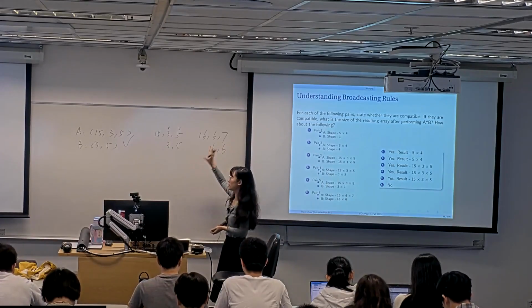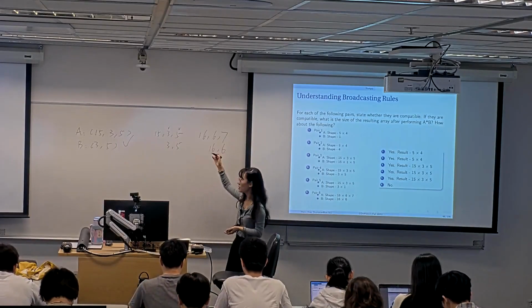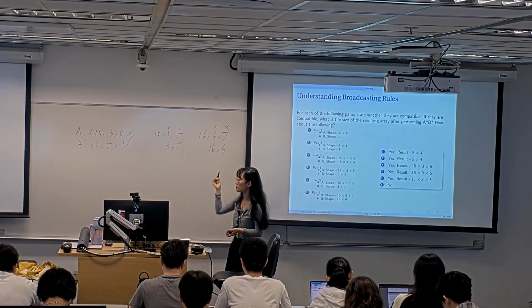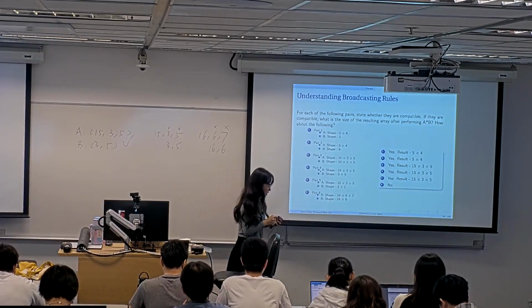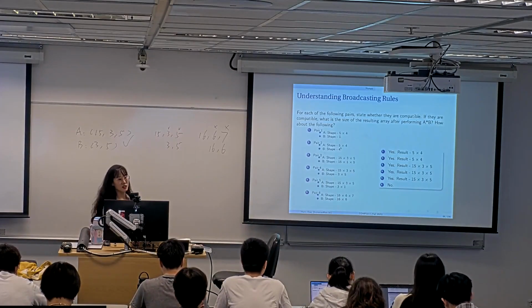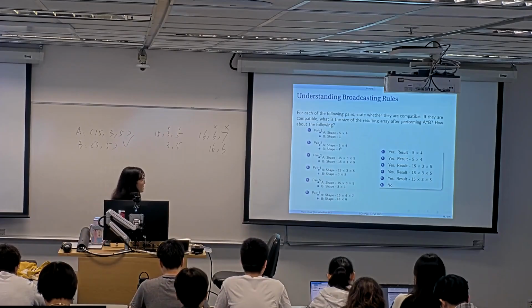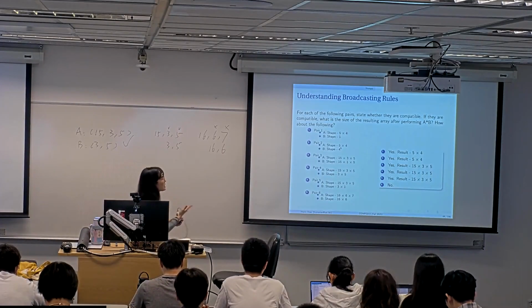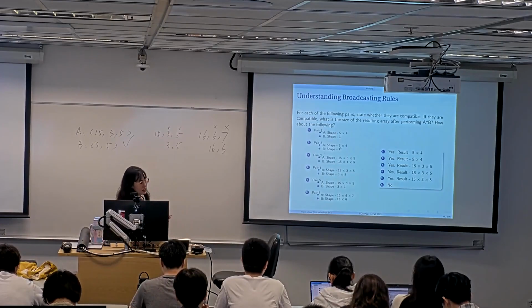So B, we write it in this way. And of course, this dimension not compatible, this dimension not compatible. So that's why for pair 6, A and B cannot be broadcast together. All right, very good. So basically you already fully understand the broadcasting rule if you can easily think of this alternative way.